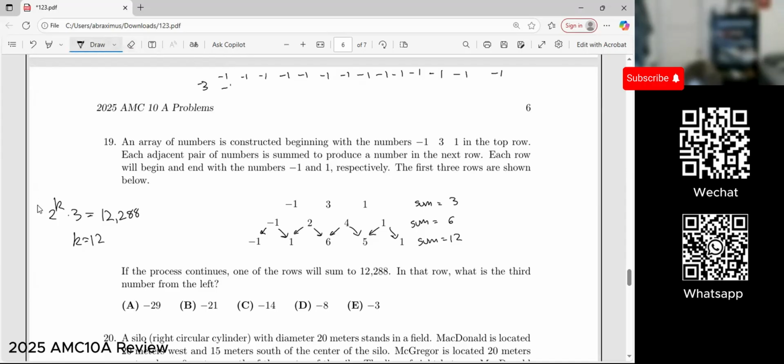Minus 1, 3, plus 2, 1, 0, minus 1, minus 2, minus 3, minus 4, minus 5, minus 6, minus 7, minus 8, minus 9, minus 10, and then we have 1, and then 1 plus 3 is 4, 4 plus 2 is 6, 6 plus 1 is 7, 7 plus 0 is 7, 7 minus 1 is 6, 6 minus 2 is 4, 4 minus 3 is 1, 1 minus 4 is minus 3, minus 3 minus 5 is minus 8, minus 8 minus 6 is minus 14, minus 14 minus 7 is minus 21, minus 21 minus 8 is minus 29, and I think that is it, actually. 1, 2, 3, 4, 5, 6, 7, 8, 9, 10, 11, 12.